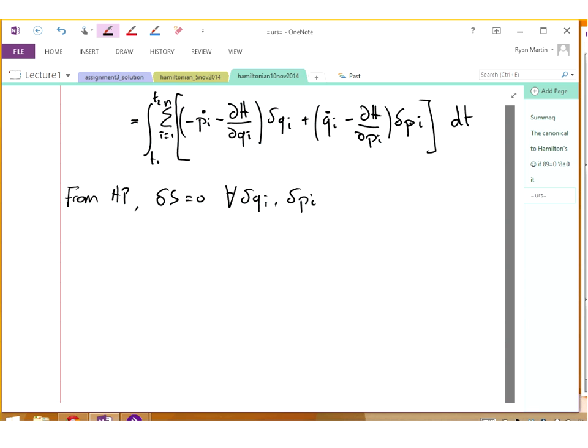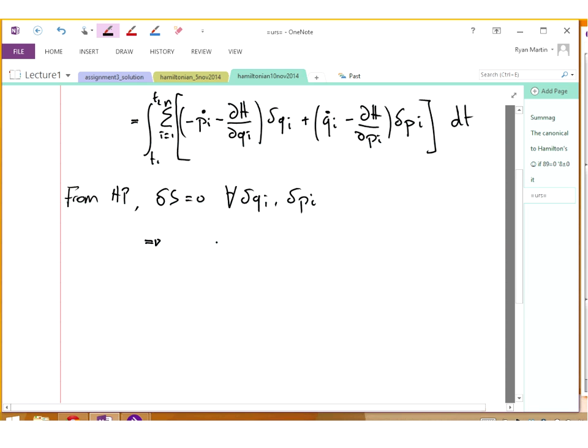The variation of the action is 0 for all q_i and p_i, so all variations delta q_i and delta p_i. So for that to be true, no matter what choice of delta q_i and delta p_i I use, the thing in parentheses must be 0.